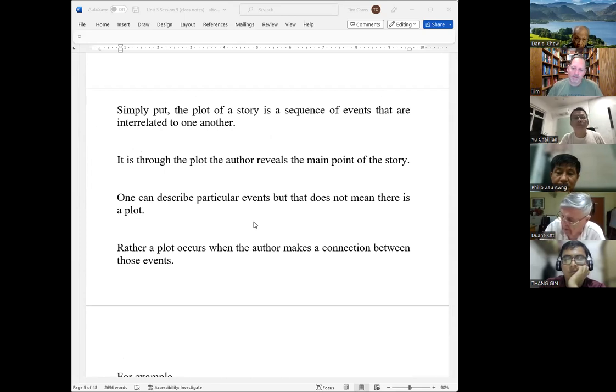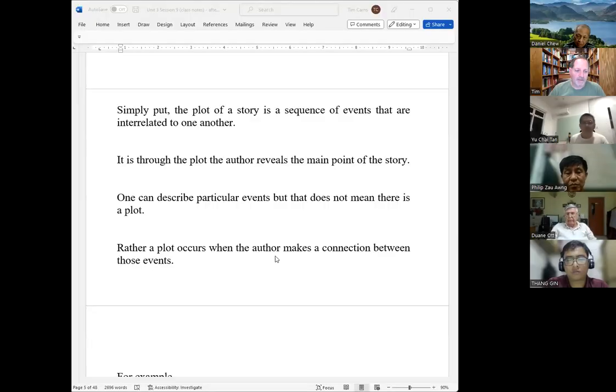You can read something and it can be a description of events, but that doesn't mean there's a plot, right? You can read a newspaper article, perhaps, that's describing some event that took place, but just because it's describing an event or some events doesn't mean there's a story there. Doesn't mean there's a plot to that story. This is an important distinction that we need to recognize when we talk about plot.